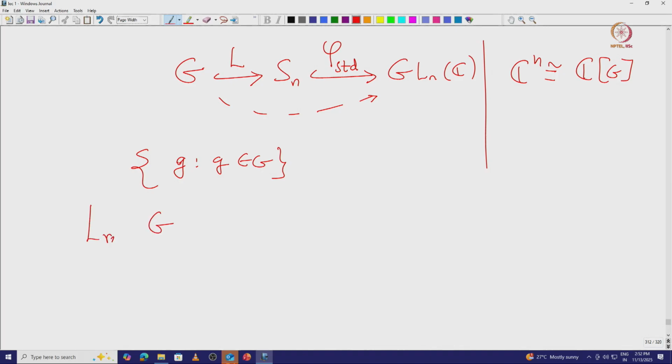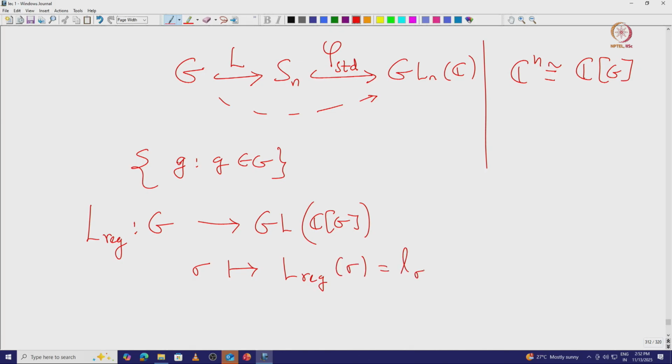Let us call it L regular, from G to GL of CG. Given sigma, we define L regular of sigma, which is just a linear extension of the map L sigma.